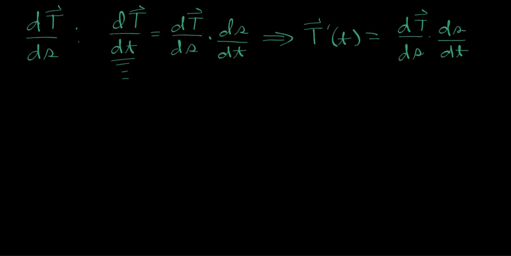I didn't break any civil or federal laws in doing that. Now, here's what I want to do. I want to divide both sides by ds/dt. So I'm going to get T prime over ds/dt down here. And over here, look at that.